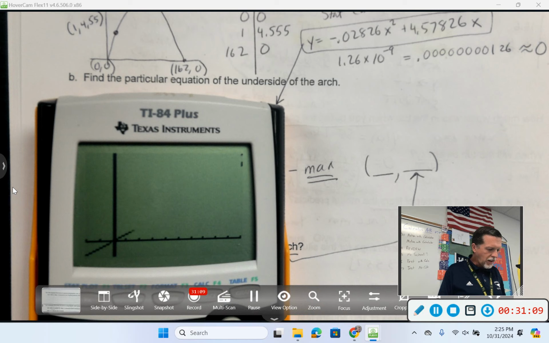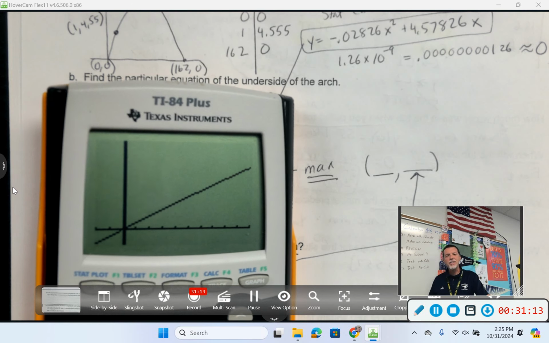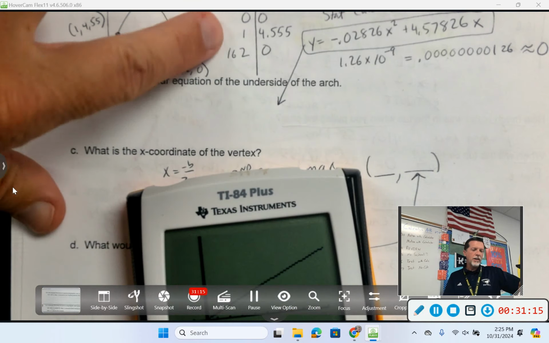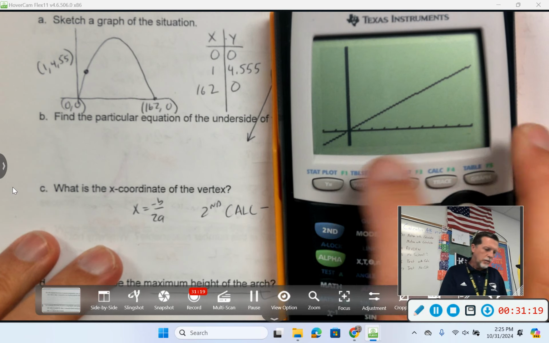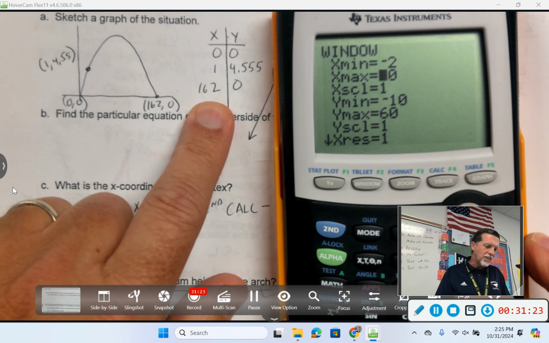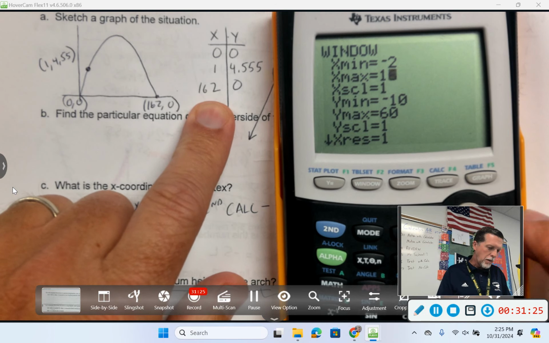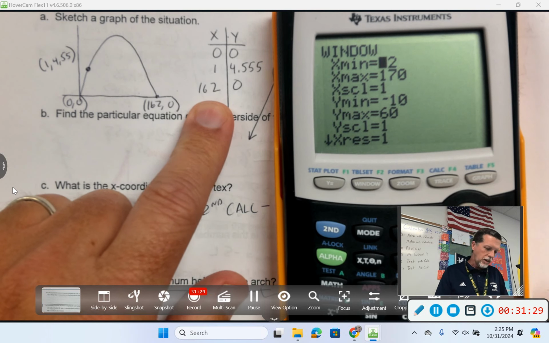So if you want to see it, that looks like a line, but that's because of the window. How far out do I need to go? What does my x max need to be? 162. Maybe I want to go a little past that so I can see it. So I'm going to go like negative 5 to 170.